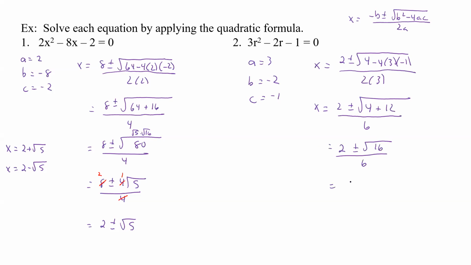Now the square root of 16 is just 4, so 2 plus or minus 4 over 6. And so we'll have the two different versions. We'll have x equals 2 plus 4 over 6, and we'll have x equals 2 minus 4 over 6. And here we're going to get 6 over 6, which is 1. Here we're going to get a 2 minus 4. It's a minus 2 over 6.